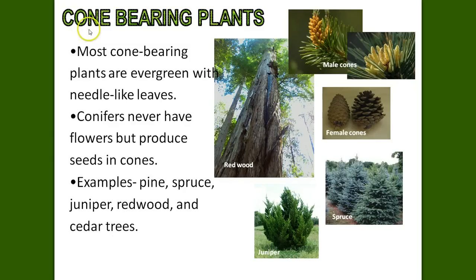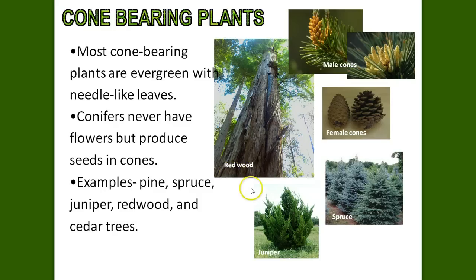So you need to know cone-bearing plants are evergreen with needle-like leaves. They never have flowers, but they make their seeds in cones. Examples that you could put down are pine, spruce, juniper, redwood, and cedar. So why don't you just at least write 2 or 3 of those?